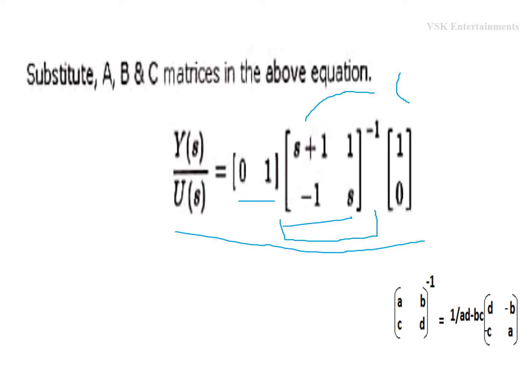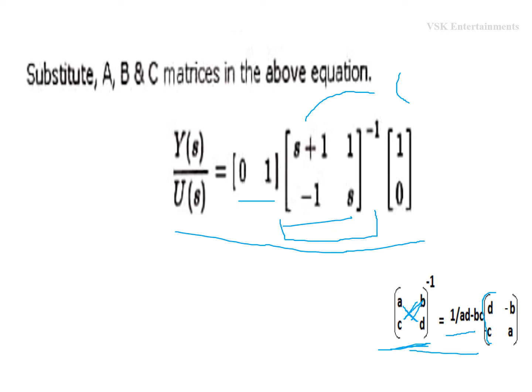We know that the inverse of a 2 by 2 matrix [A B; C D] is equal to 1 by (AD minus BC) into the matrix where we interchange the two diagonal elements and apply the complement of the other two elements, that is, 1 by (AD minus BC) times [D -B; -C A].